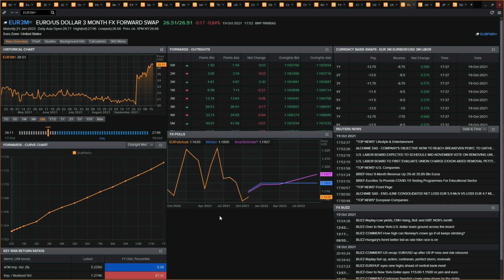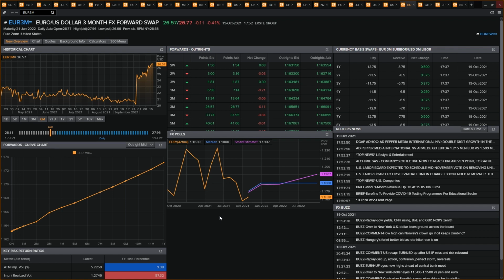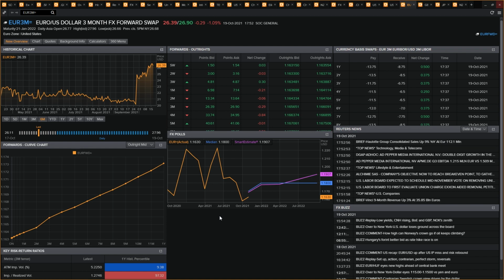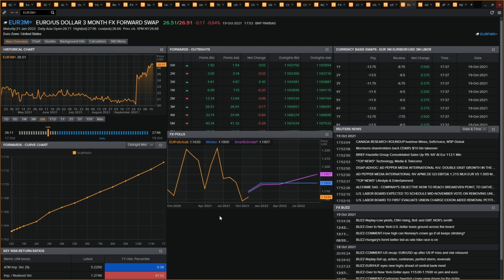Now, the challenge for you with this 3-month time frame is that you only plan to do that transaction or series of transactions over the next 3 months, and that means that your company runs the risk of either losing money if the exchange rate moves against you, but of course you can also make money if the exchange rate moves in your favor. Now, as a company, you're not in the game to speculate on whether the exchange rate is going to go up or down. You just want to know what's going to happen to your bottom line.